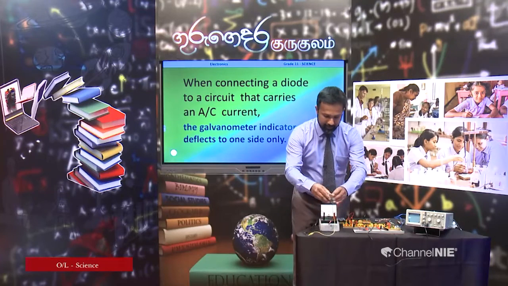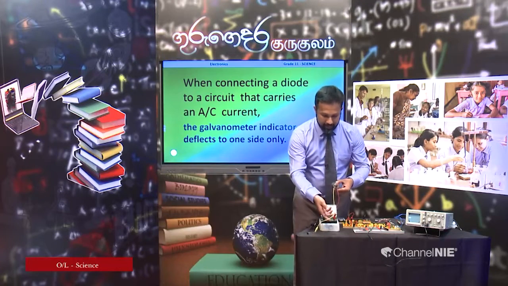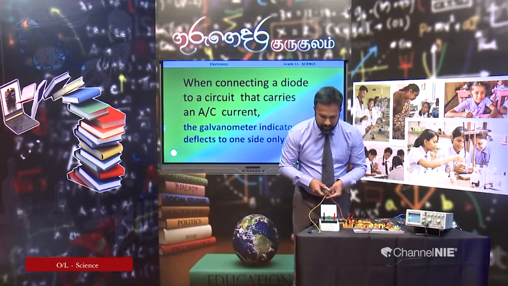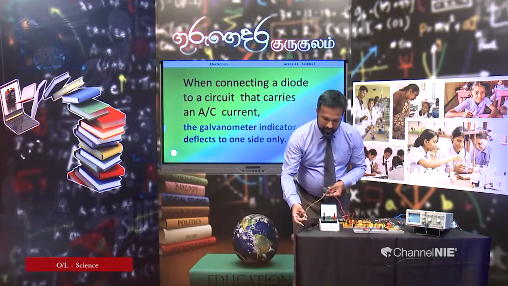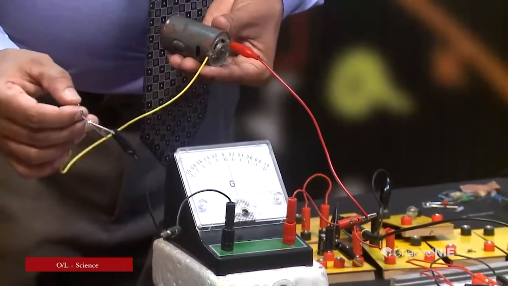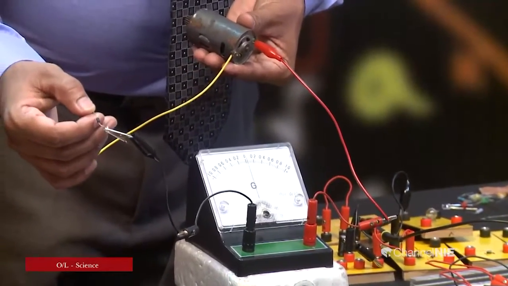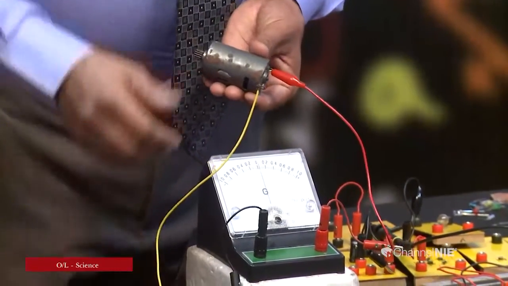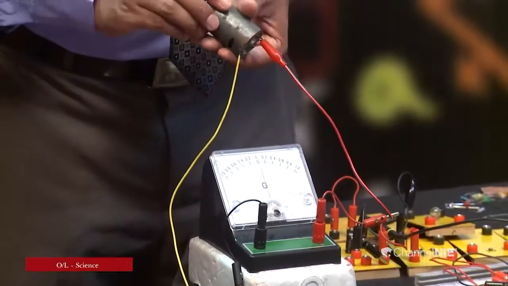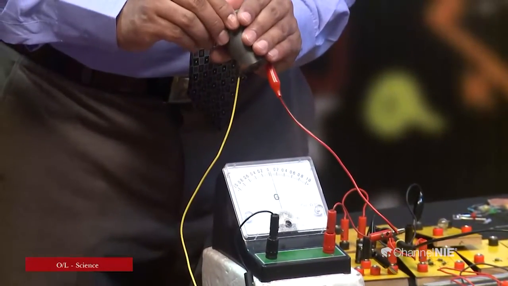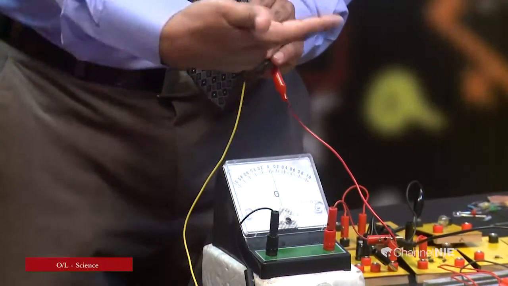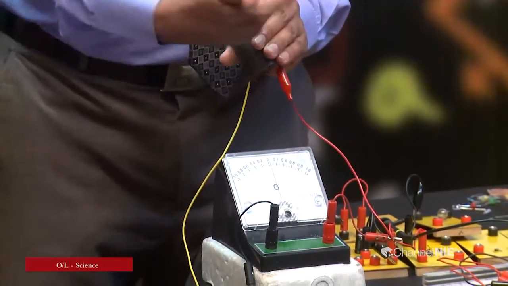Now, as you can see, this is the structure of a dynamo and these are the connecting wires, and here I have connected a diode. You can see a diode is here, right. So earlier, you can remember, when operating the dynamo, the galvanometer deflects to either direction, either side.